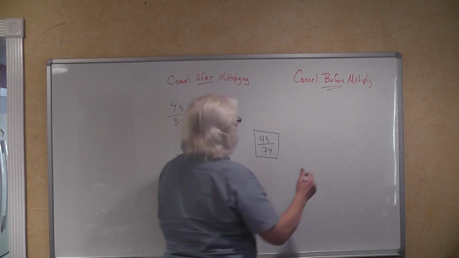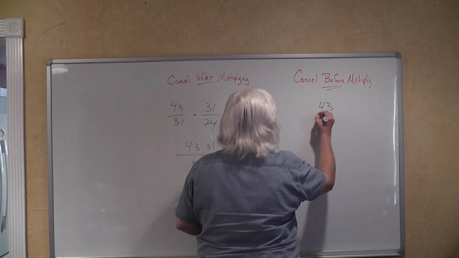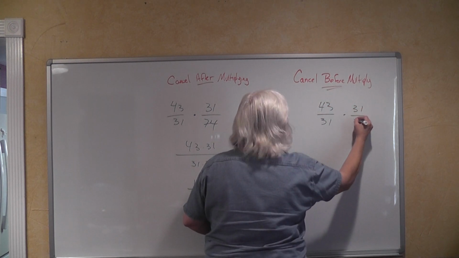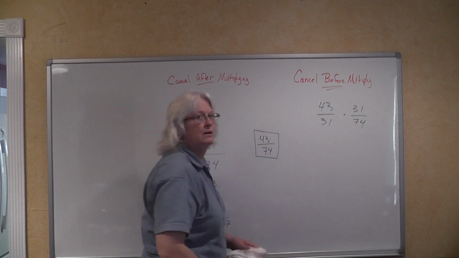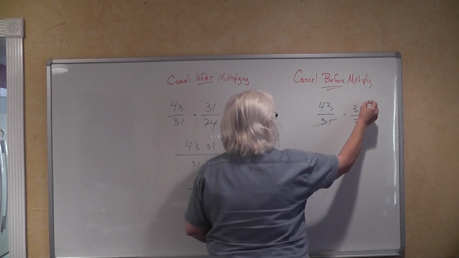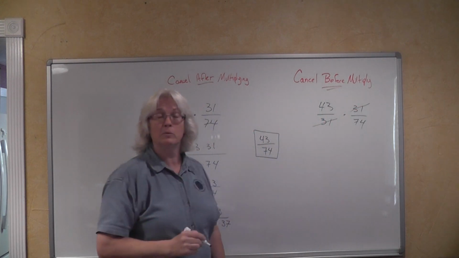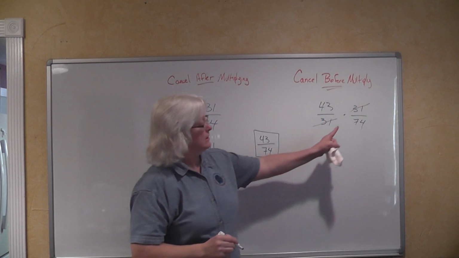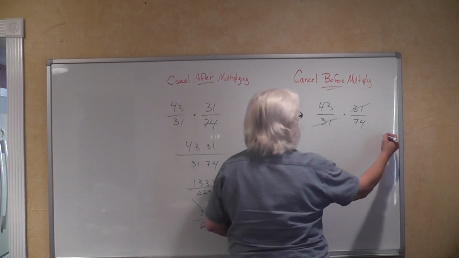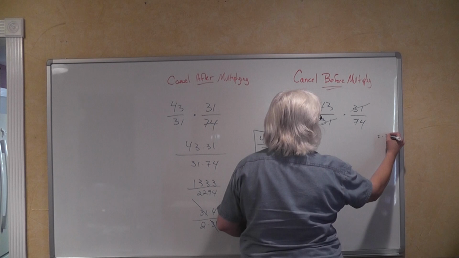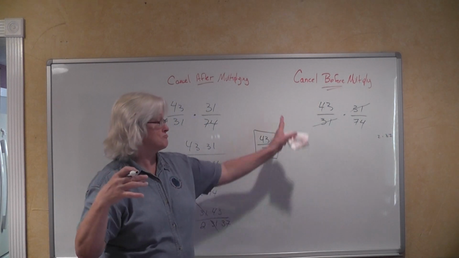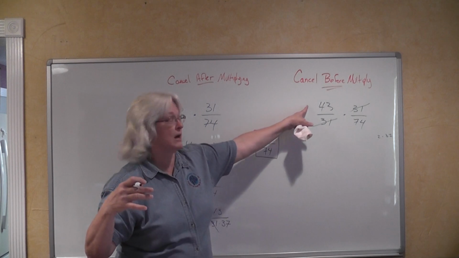However, if we cancel before multiplying, we recognize that we have a 31 in the denominator and a 31 in the numerator, and let's just think, 74 is even. What's 74 divided by 2? 2 times 37. We're just thinking this. Nothing that we can do with that.